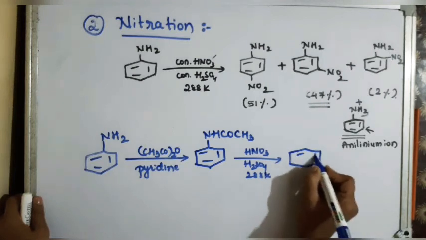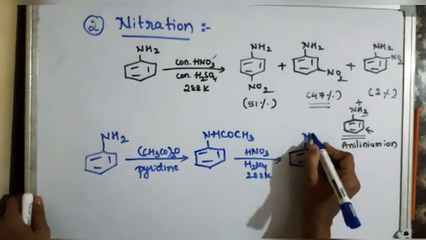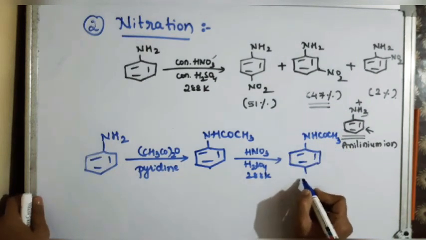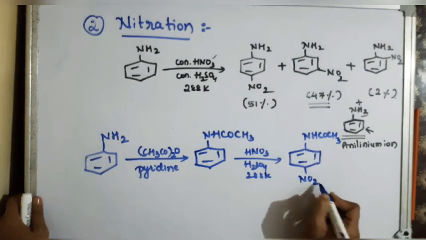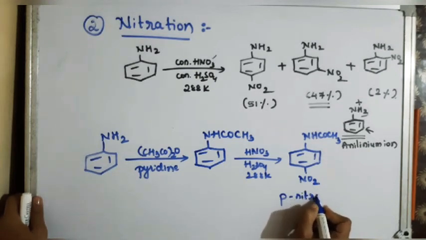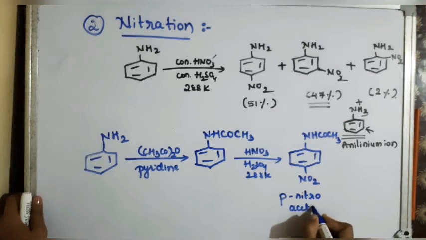So nitration takes place at the para position. As NHCOCH3 is also ortho-para directing, because of the stability, para will be the major product. Even if we get ortho, it is in less amount. So we get para-nitroacetanilide.